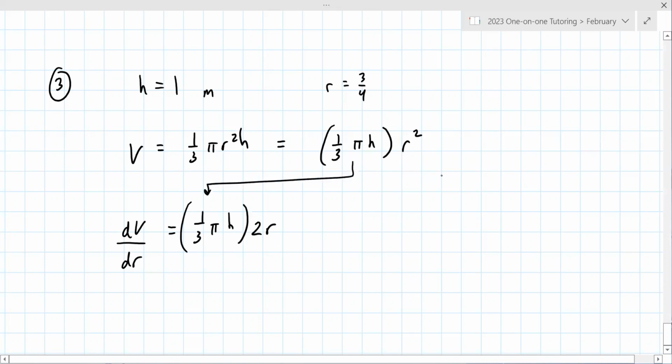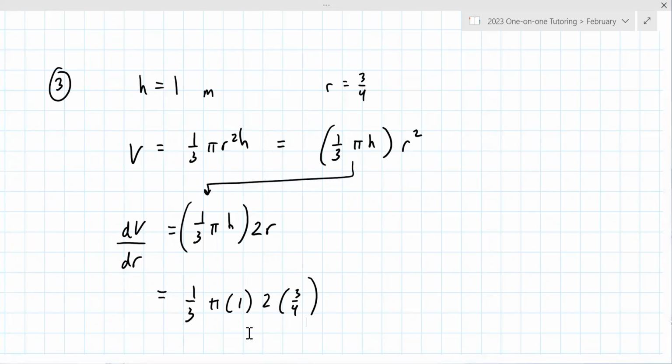Okay, so now you're just evaluating at the given values. H is 1. The radius, I thought it said when the radius is 1/4 of a meter. Is that what it says? Yeah, this is 1/4 of a meter. Oh, 1/4. Okay, I'm zooming in and it just now uploaded. So change that one to 1/4.